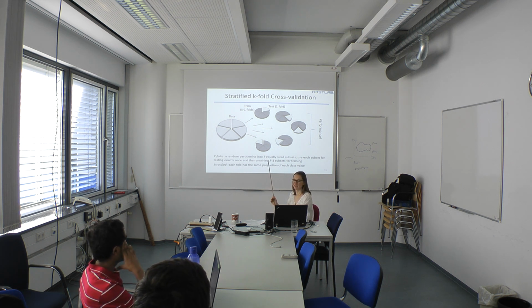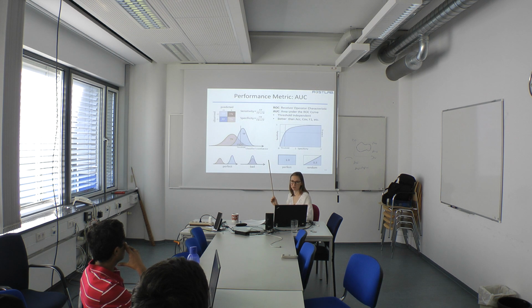So a better way to establish the performance is to use area under the ROC curve. Are you familiar with this one? Okay, then I will do it very, very briefly. Your classifier, when it makes a prediction, always gives some kind of confidence value.